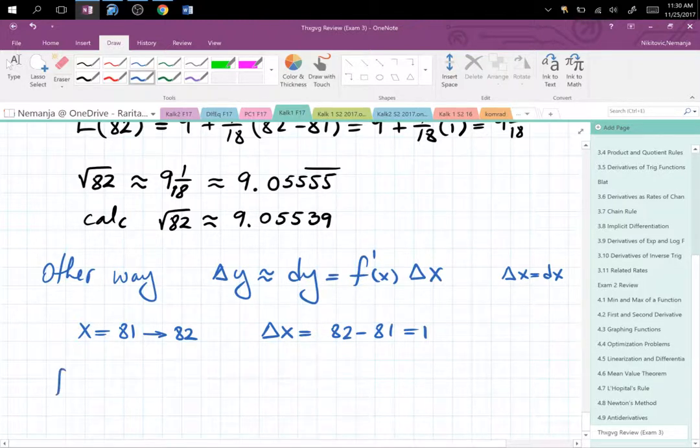We still have that our function f of x is the square root of x. That doesn't change, the same problem. And the derivative obviously can't change either, because it's the same input function. So 1 over 2 root x.